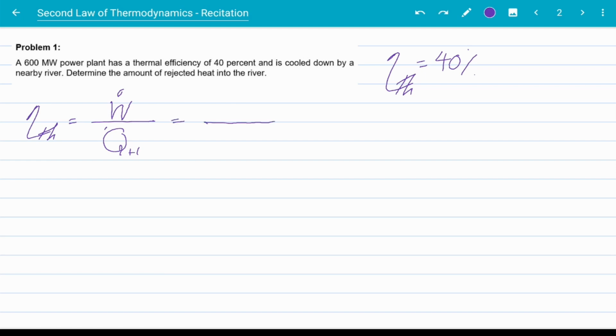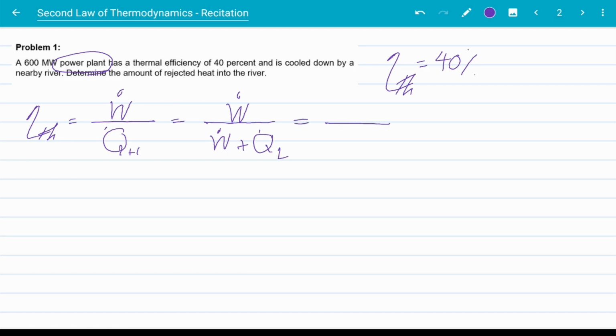From the first law analysis of a heat engine, and we know that a power plant is a type of heat engine, we know that QH is equal to the amount of work plus the amount of heat rejected, right? So thermal efficiency is W dot over W dot plus Q dot L.